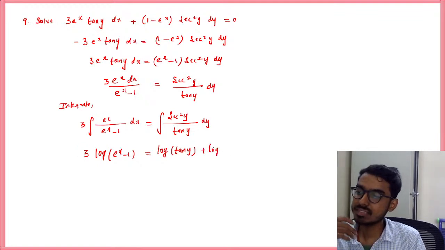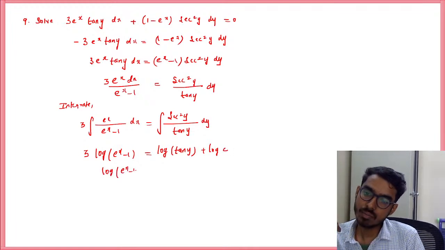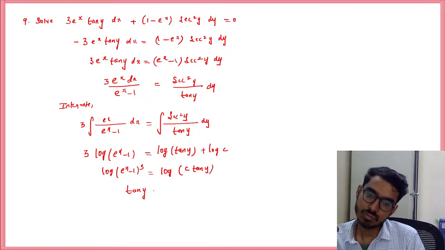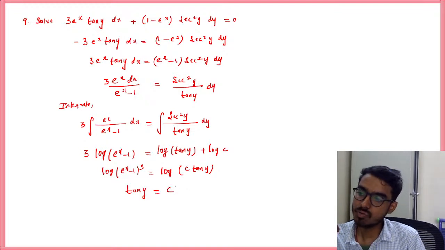Let us add some constant, log c. This is log (e power x minus 1) whole cube. Log a plus log b is log ab, so c into tan y. Log will get cancelled. So tan y is equal to some c into (e power x minus 1) whole cube, which is the required answer.